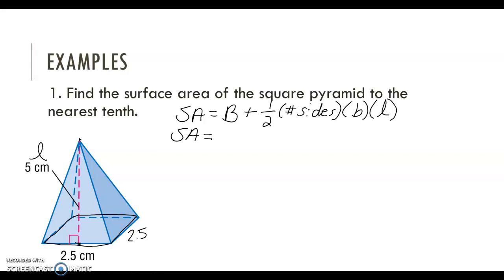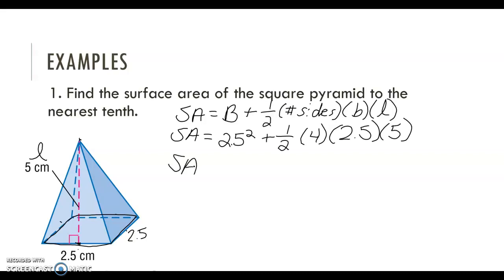The base is a square, so recall area of a square is side times side, or side squared. So 2.5 squared would be the area of that square, plus 1/2. There are 4 sides of the square base. Each side measures 2.5, and my slant height is 5.